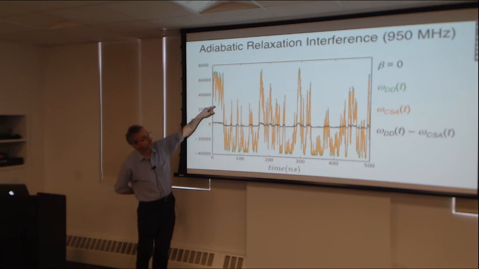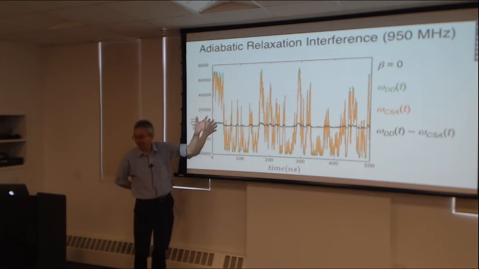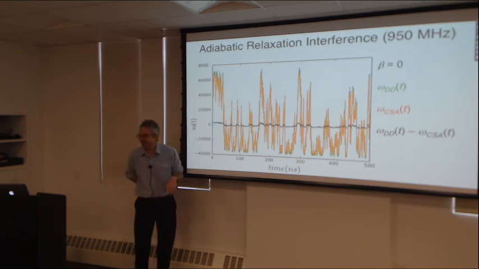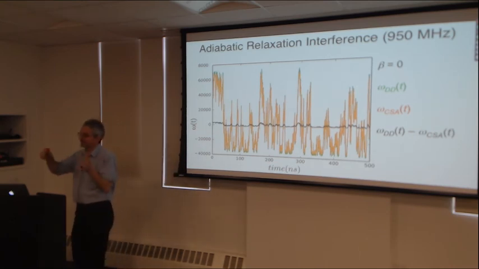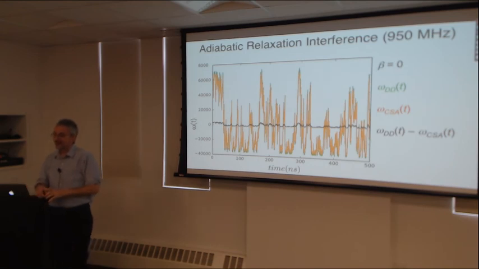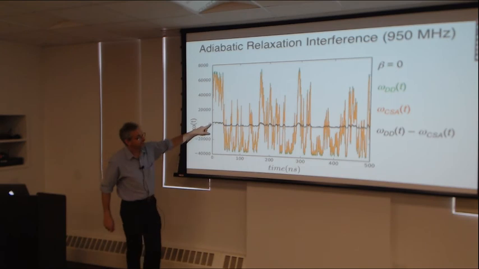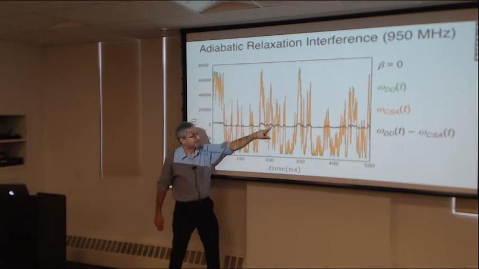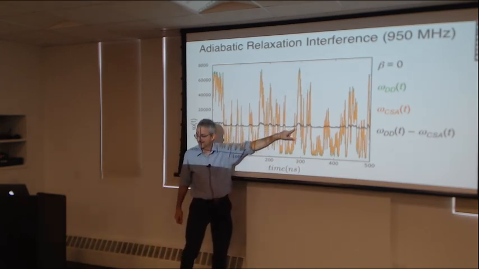Orange is omega for the CSA as the molecule is tumbling. Green are the fluctuations due to the dipole tensor as the molecule is tumbling. This is at 900 megahertz, so they're nearly matched, and the difference between them is very small.